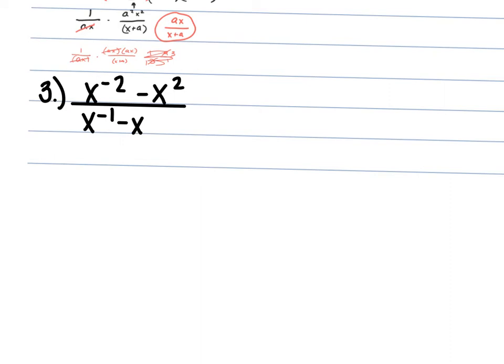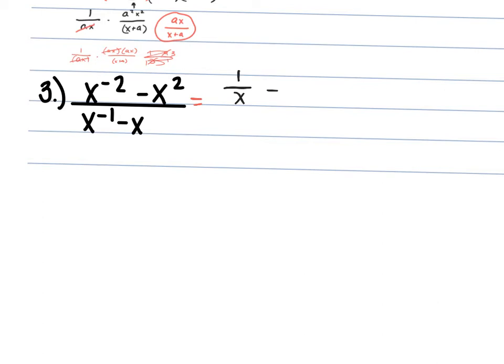Okay, for 3, we've got 1 over x minus 1 over x squared divided by... Well, this is higher, and the other one is x squared as well. Oh, I'm sorry. It's not negative there.